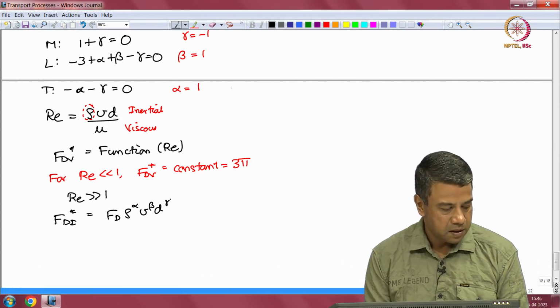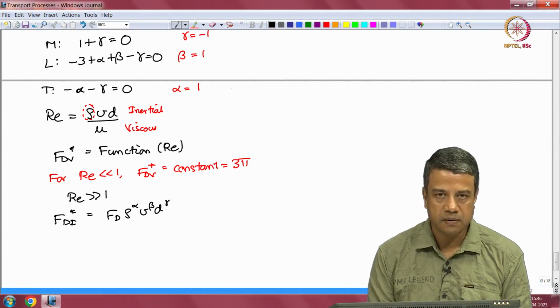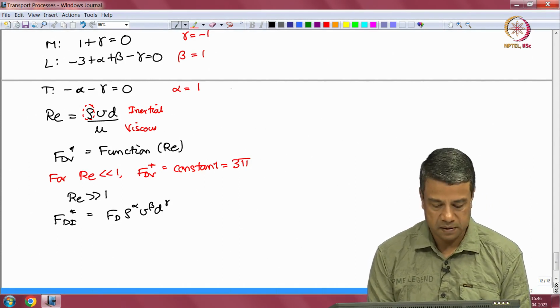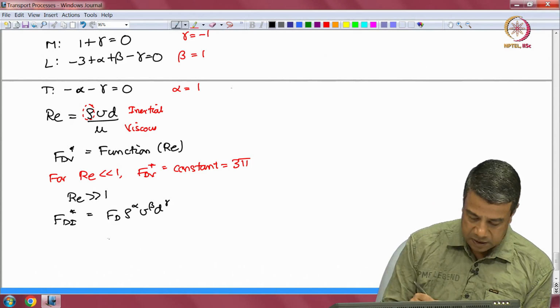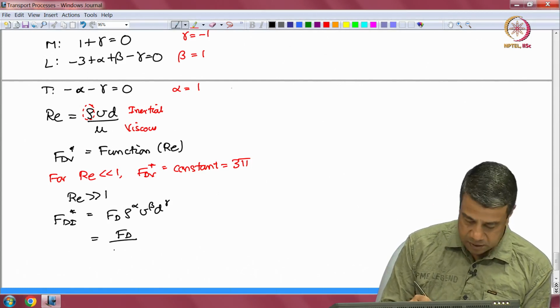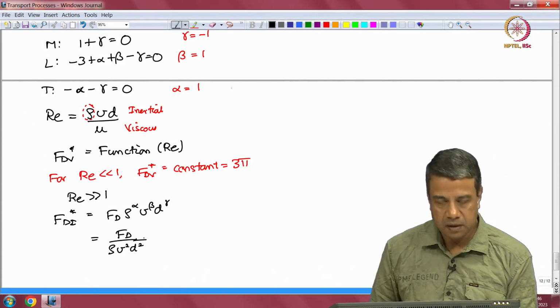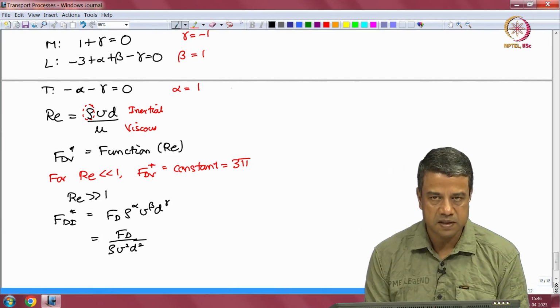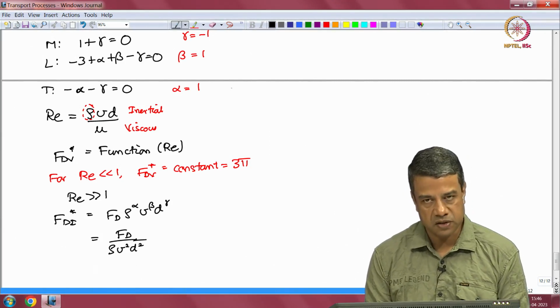And you go through the calculation the same way that we had gone through the calculation earlier for the viscous scaling. And you will find that this correction is F_d by rho v square d square. Rho v square d square you can verify has dimensions of mass, length, T power minus 2.